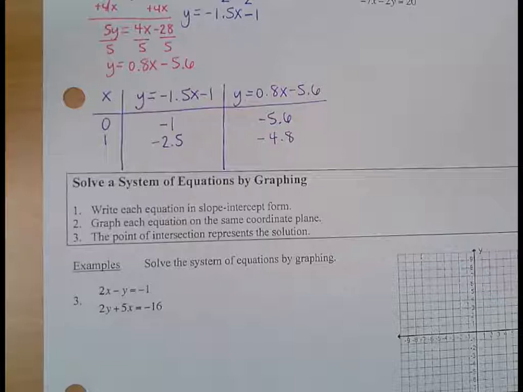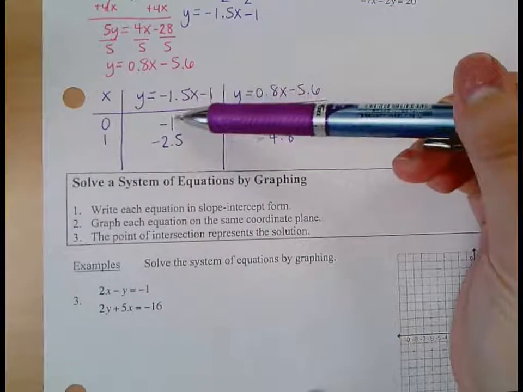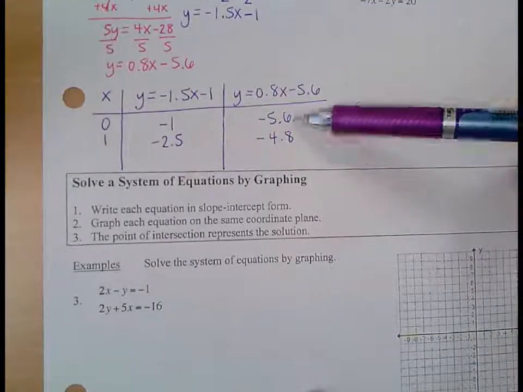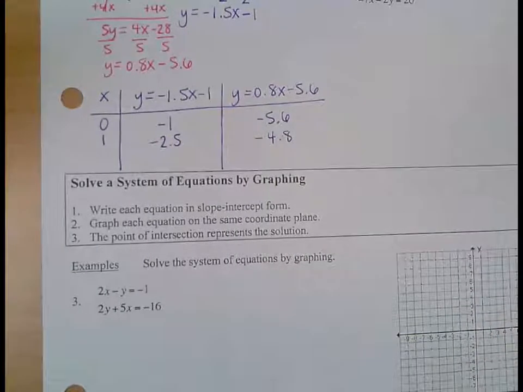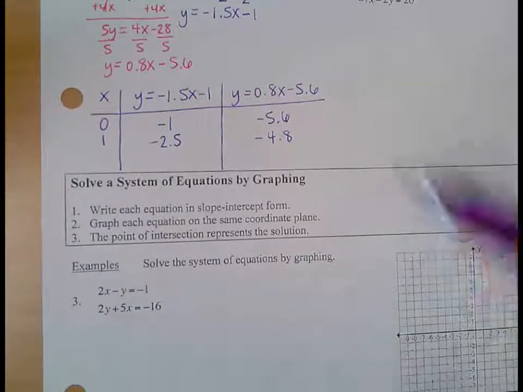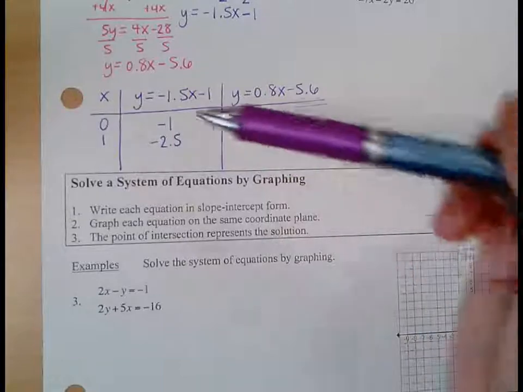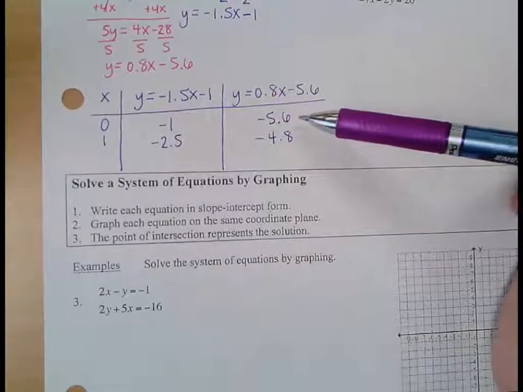But now what you should look at is the y values from when you substituted in 0 versus the y values from when you substituted in 1. Did they get farther apart or are they closer together? They're closer together. If you're not sure just by looking at it, you could find the difference between the y values by taking the larger one and subtracting the smaller one.